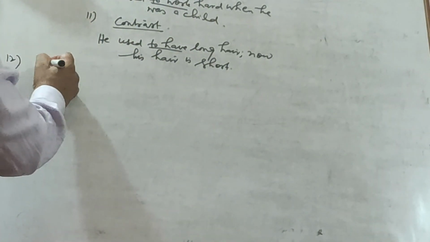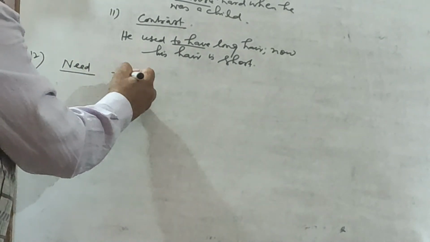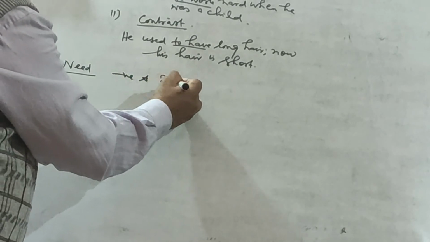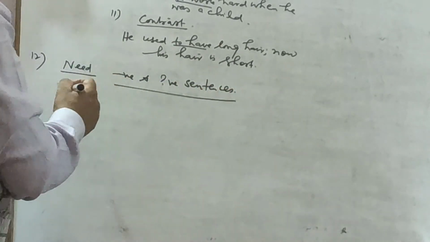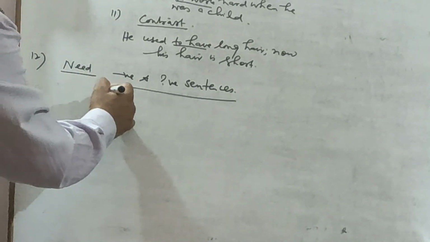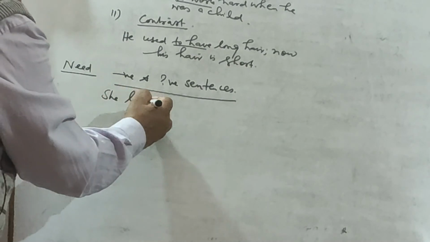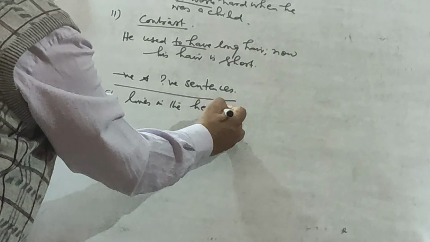The next modal is need. Need is always used in the negative and interrogative sentences, never in the affirmative sentences. Please note it. And it shows lack of obligation. For example, she lives in the heart of city.